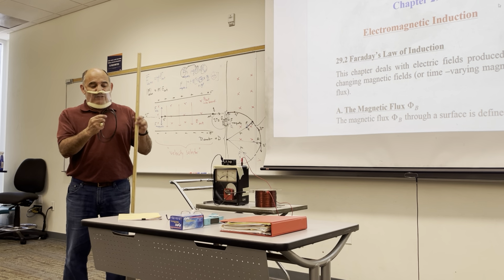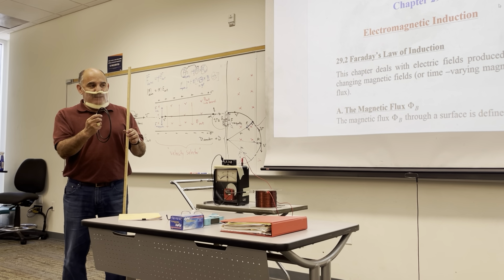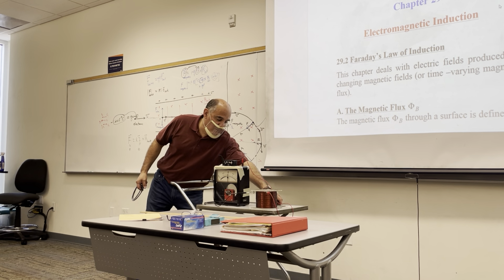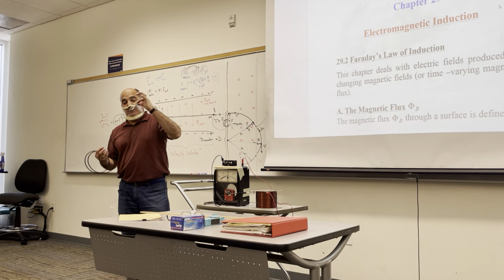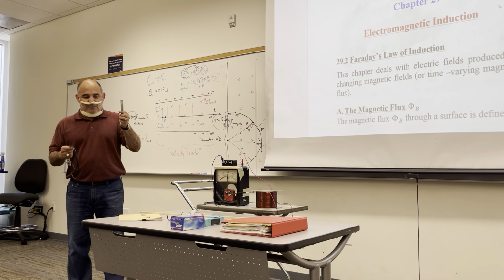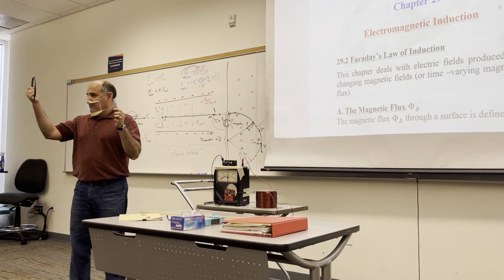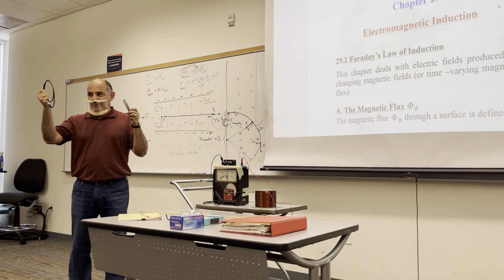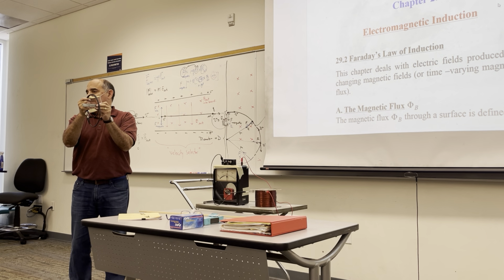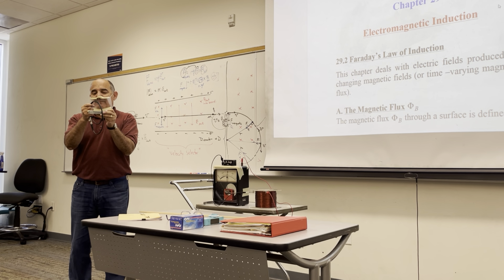So it turns out that if I bring in a magnet, which produces a magnetic field, so now I have a magnet and a coil, but the coil doesn't have current in it. If I put the magnet and I just hold it there, this coil is in a magnetic field, the magnetic field of the magnet. But there's no current in the coil.